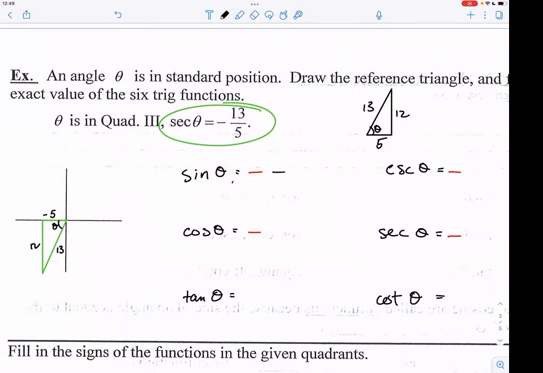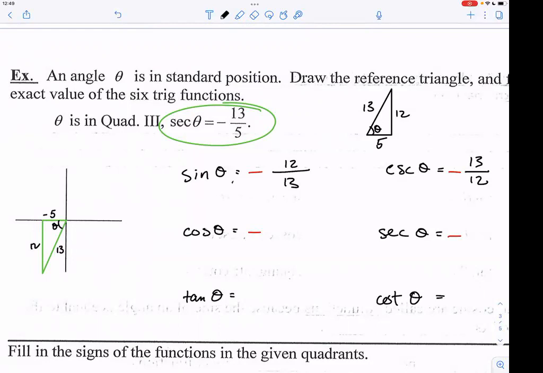I'll be like, oh, sine theta, 12 over 13. Cosecant theta, 13 over 12. So it took away my pressure of drawing this triangle correctly on the axes. I need to make sure which quadrant it is. I need to make sure the signs are proper, they are accurate.